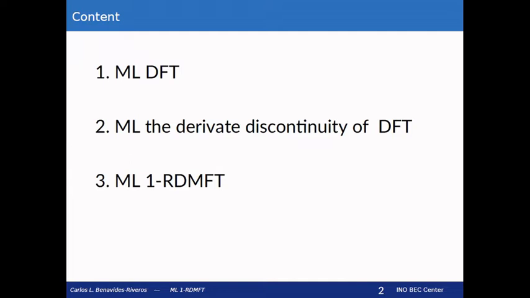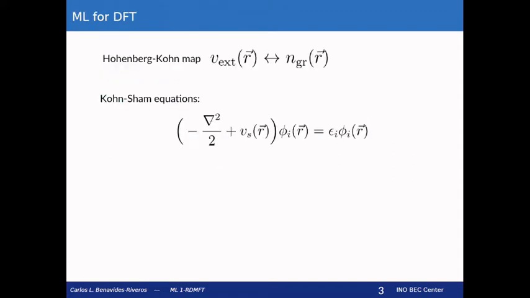But there is a subfield in DFT which is actually trying to learn the universal functional of DFT using machine learning. This is not as developed as in materials science, where you have big data from DFT calculations of energies or gaps, and you can train a neural network with real observables. Here the question is different: how to do machine learning for DFT.